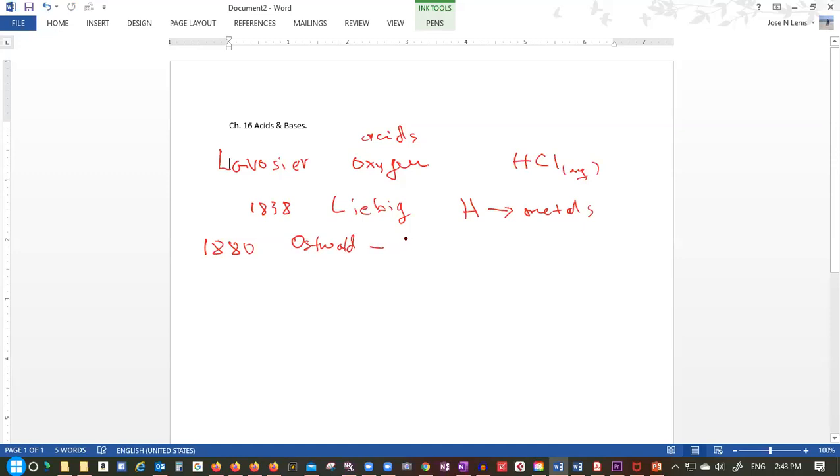Arrhenius started to give a definition of acids and bases, or acid-base theory.